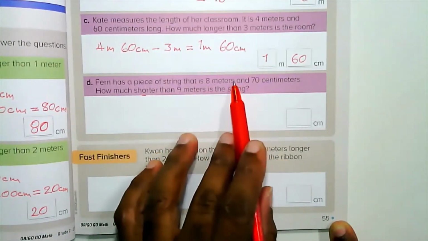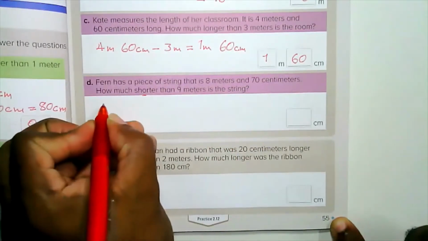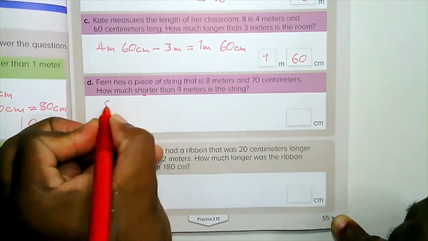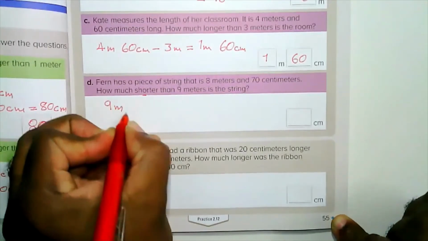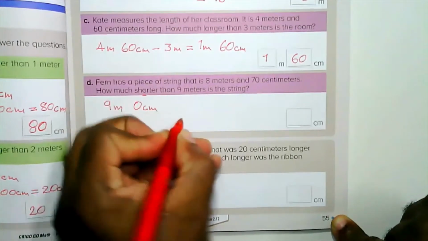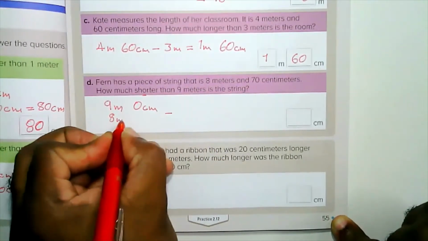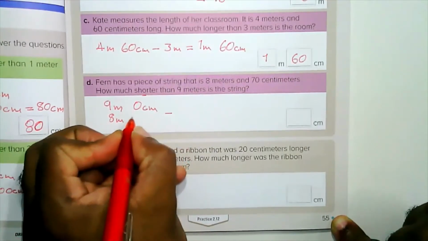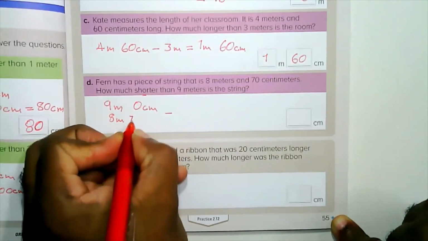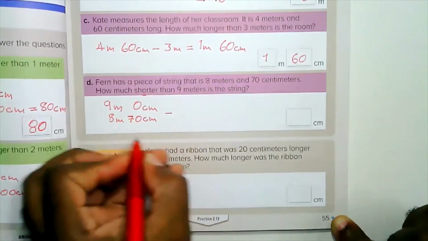Then we subtract this from 9 meters. So let's do it another way. We have 9 meters, 0 centimeters minus 8 meters, 70 centimeters.